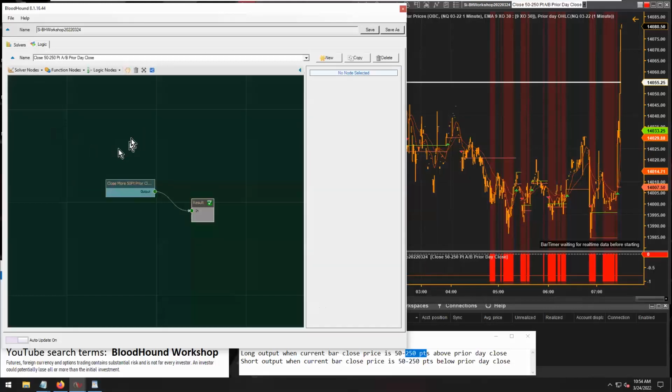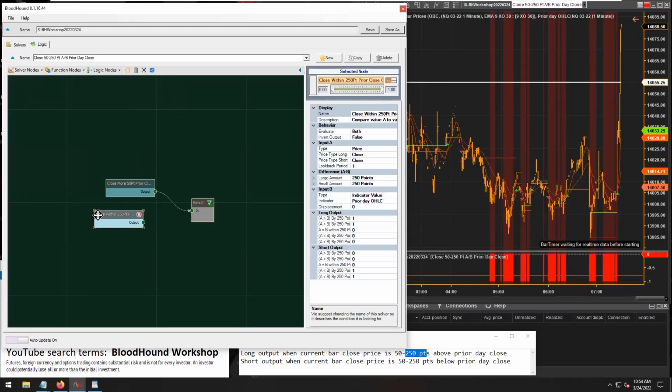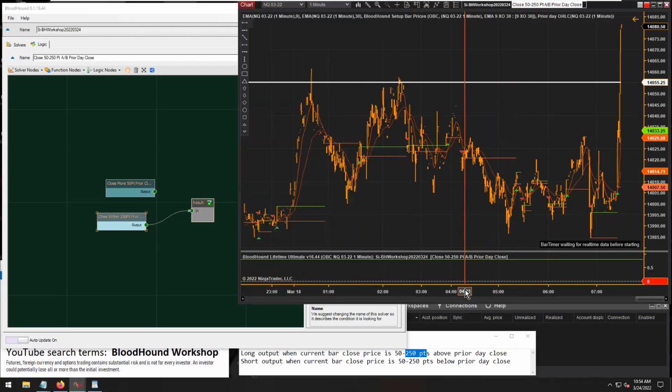Now let's go back to the logic board and go to our existing nodes, and there's that new solver we just made, within 250 points. Put that there. All right. And so let's see here.